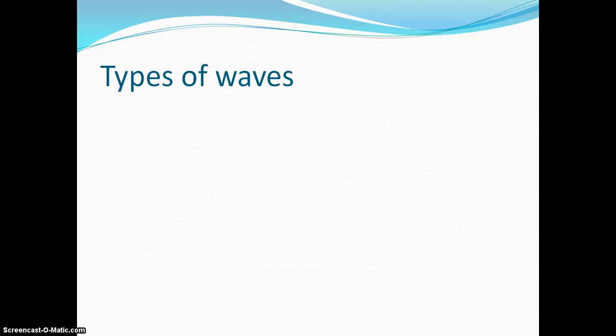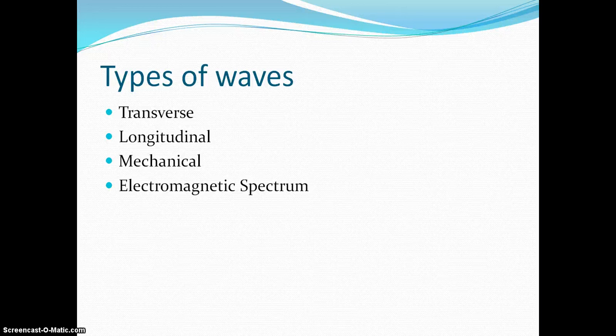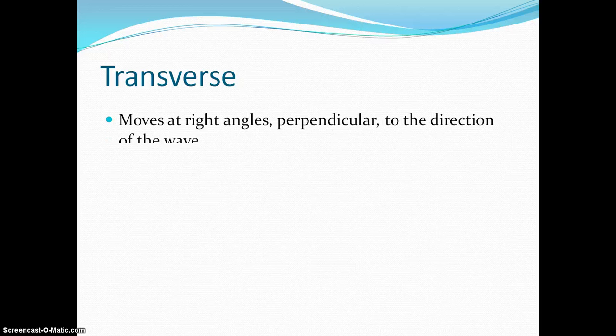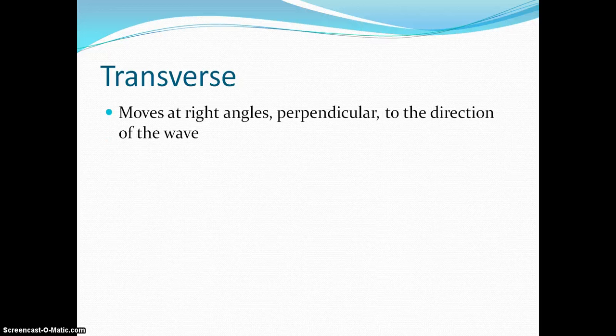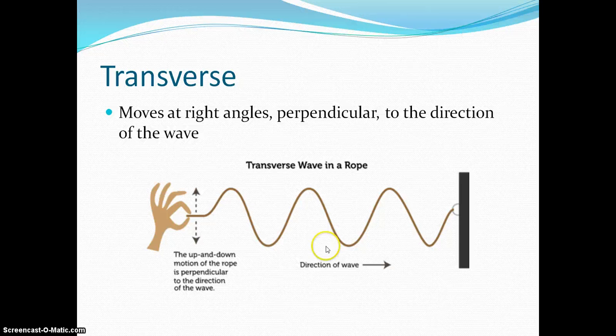A few types of waves we're going to talk about: transverse, longitudinal, mechanical, and electromagnetic spectrum. So real quickly, a transverse wave moves at right angles, perpendicular to the direction of the wave. So if we look at our picture, the direction of the wave is going from left to right.